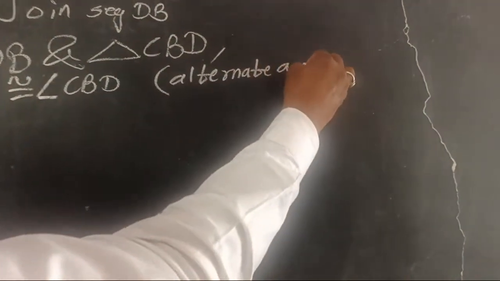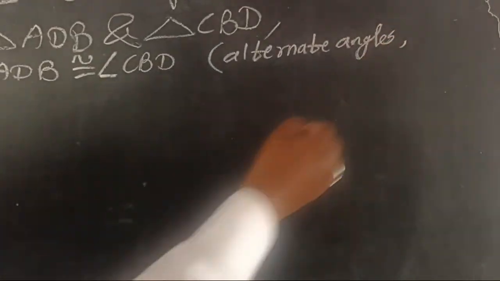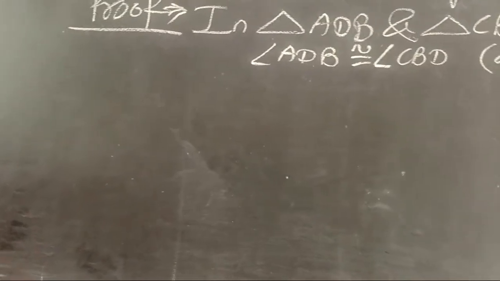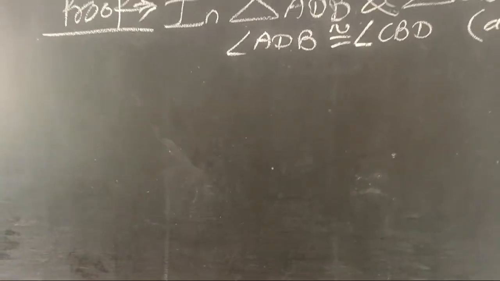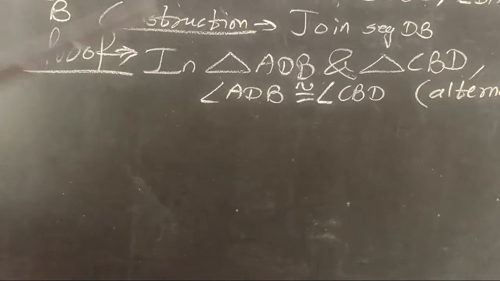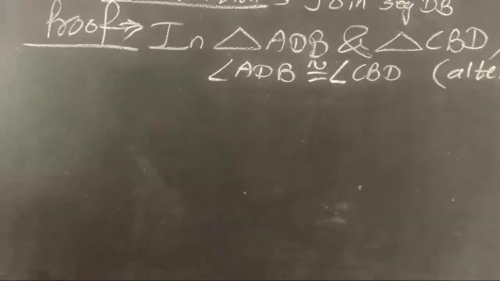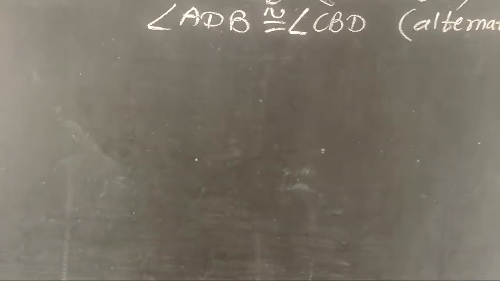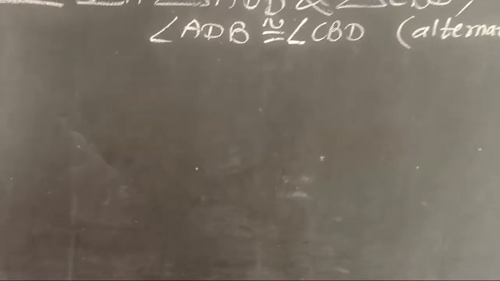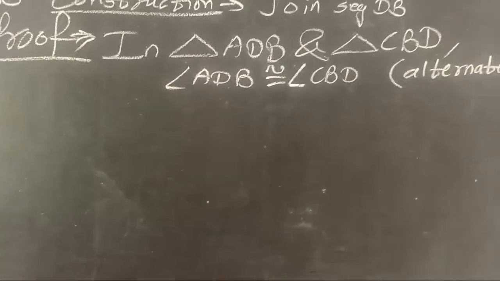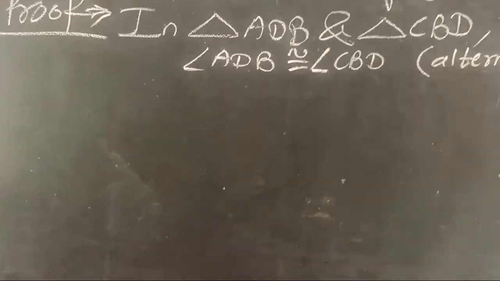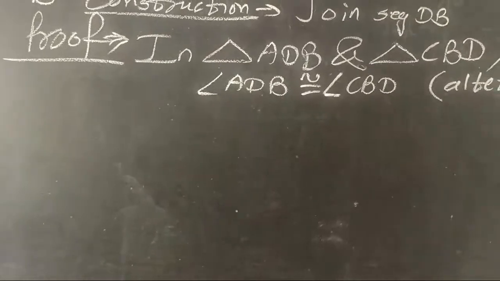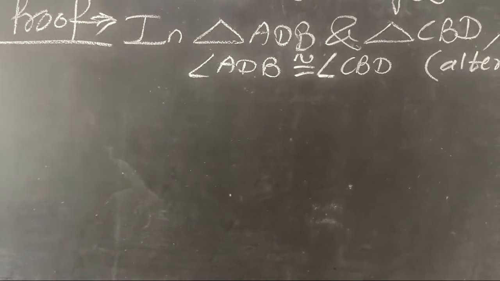Alternate angles. When we say that alternate angles are congruent, wrong. Next. When we say that alternate angles are congruent, good, when two lines are parallel.